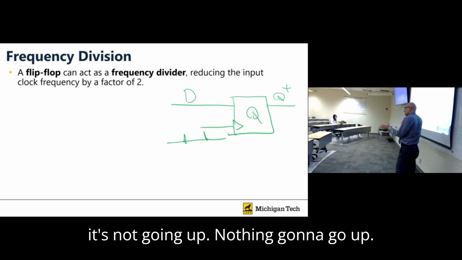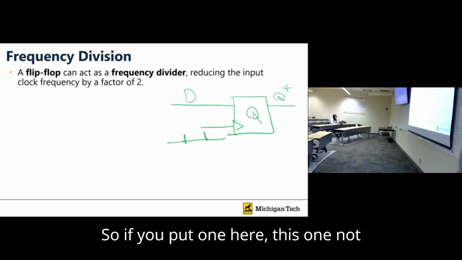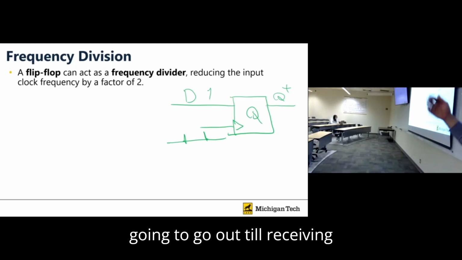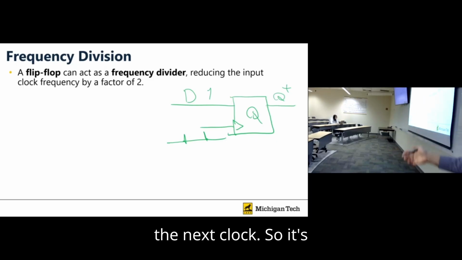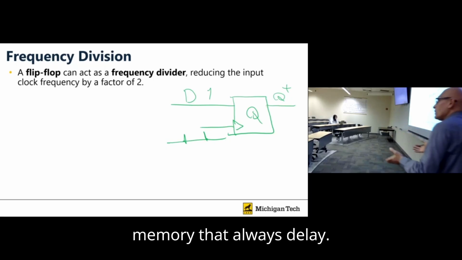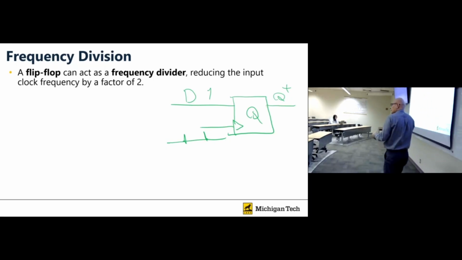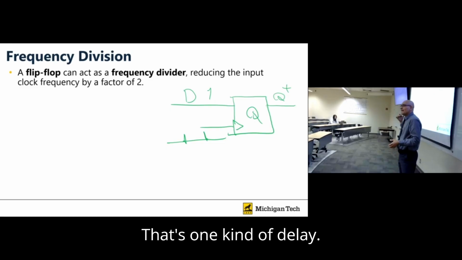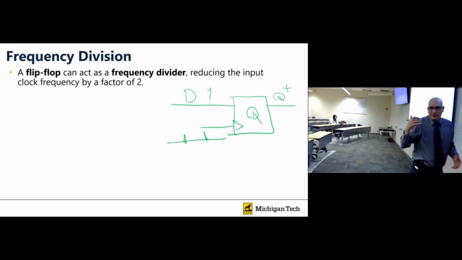Other than that, nothing goes out. So if we put 1 here, this 1 is not going out until it receives the next clock. So it's already delaying. It's a kind of memory that always delays. That's what's called a delay flip-flop.